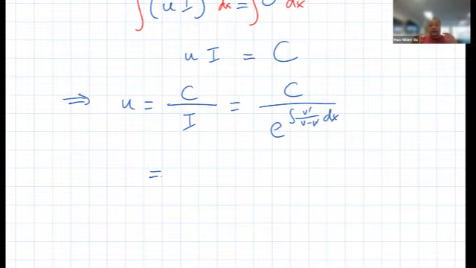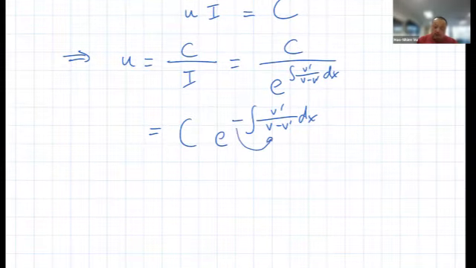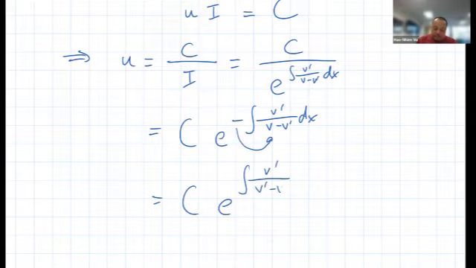I'm going to bring the exponential from the denominator to the numerator by using a negative power. And the last thing I do is I'm going to bring the negative sign inside the integral. And I have my function u.